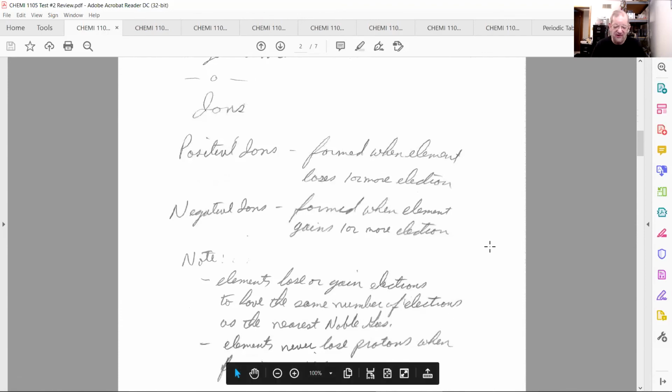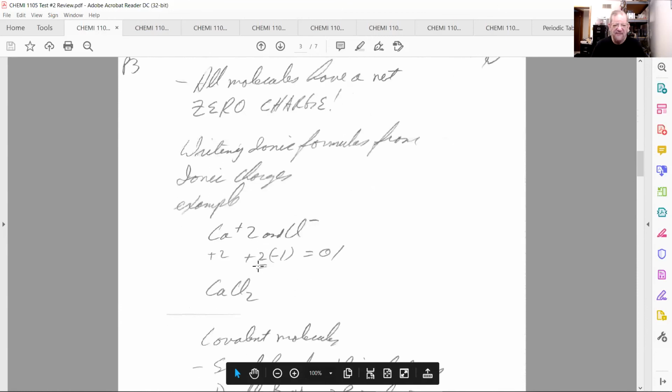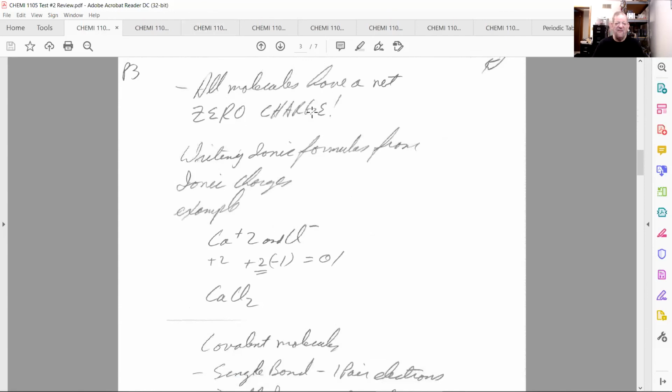Elements never lose protons. And remember, all molecules have a net zero charge.